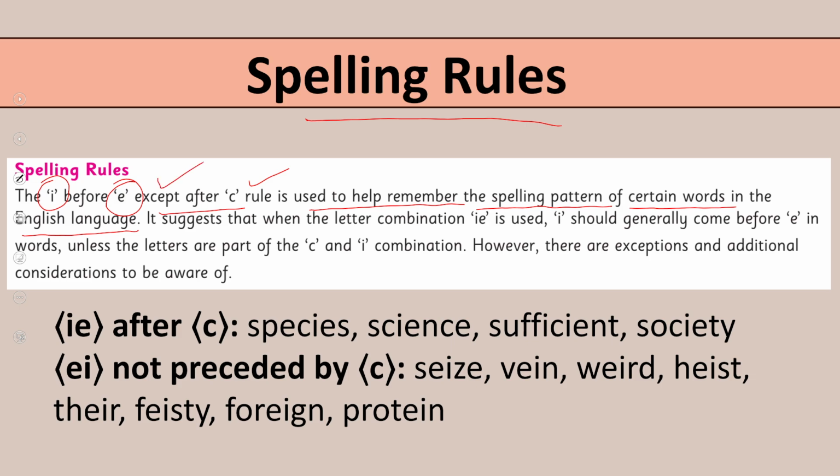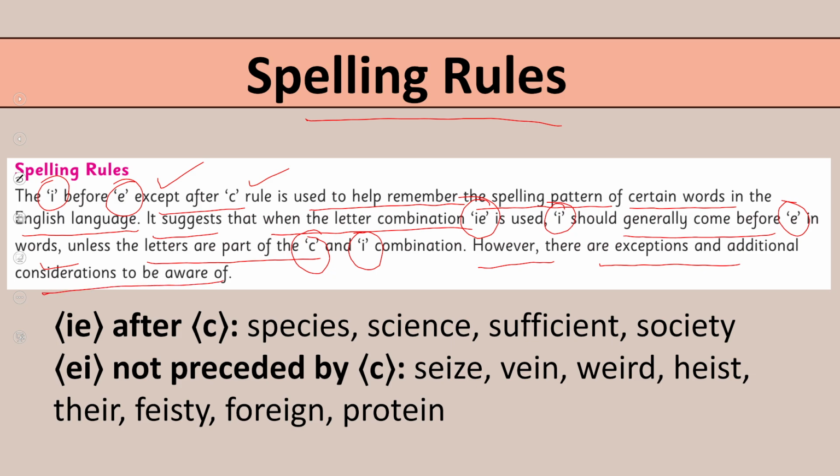That's why we are learning this rule. It suggests that when the letter combination IE is used in a word, I should generally come before the letter E, unless the letters are part of the C and I combination. Then you are going to see some exceptions. However, there are exceptions and additional considerations to be aware of.